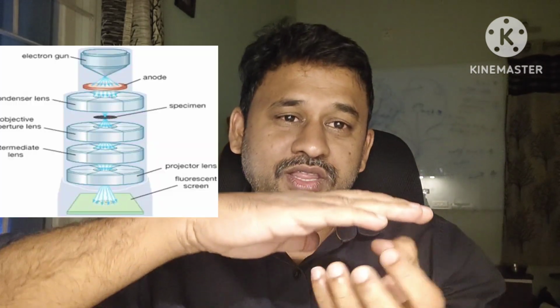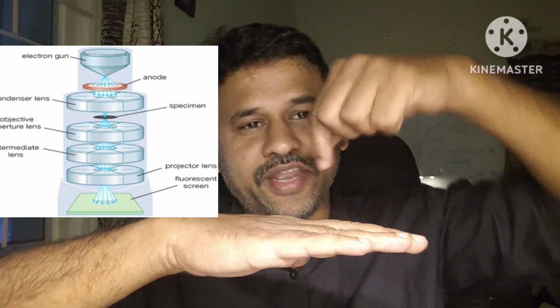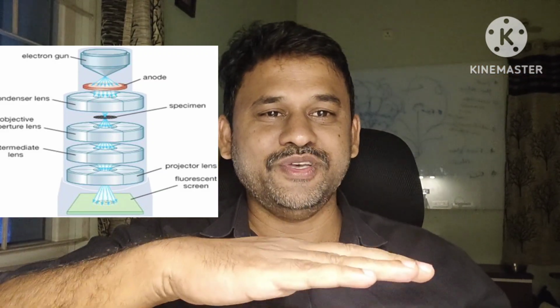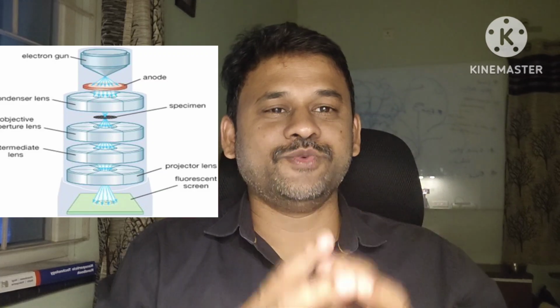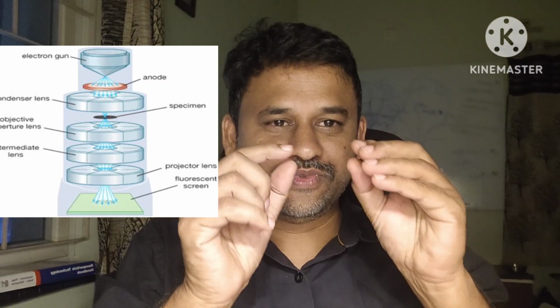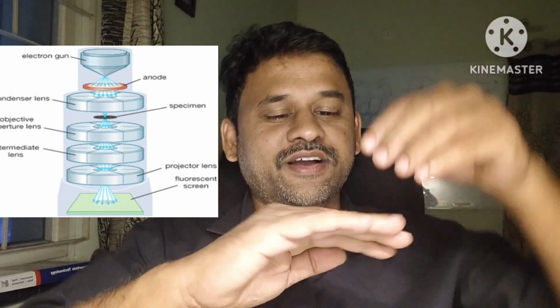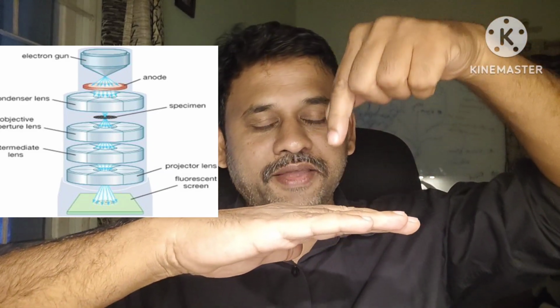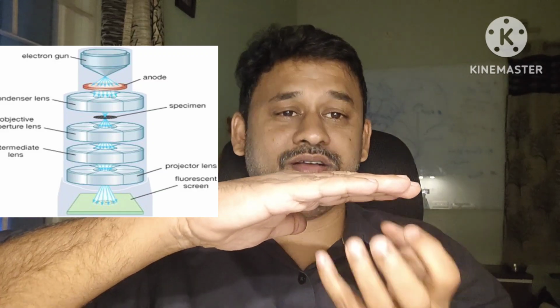So gun, condenser lenses, and then the sample. Now the electrons are focused onto a particular area. Then just think about a projector: for what purpose are we using the projector? To see the smaller in a bigger focus. Similarly here, the beam falls on a particular area on the sample, but we want to see it as a bigger image.